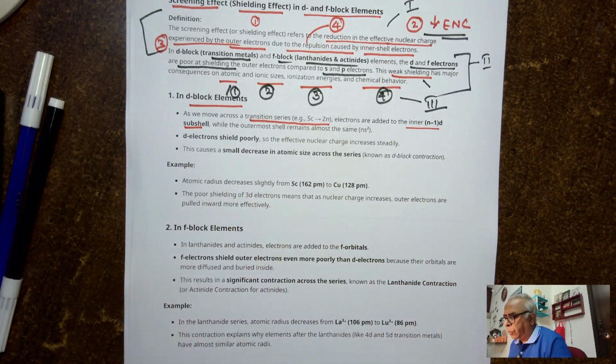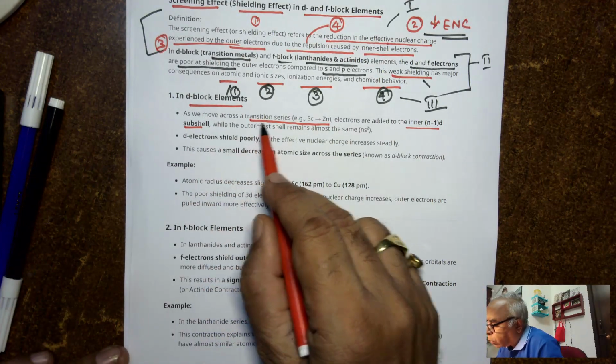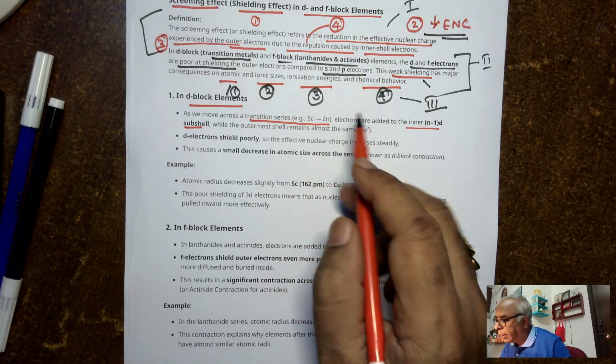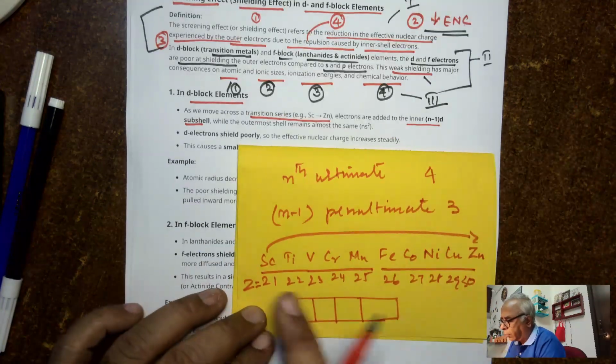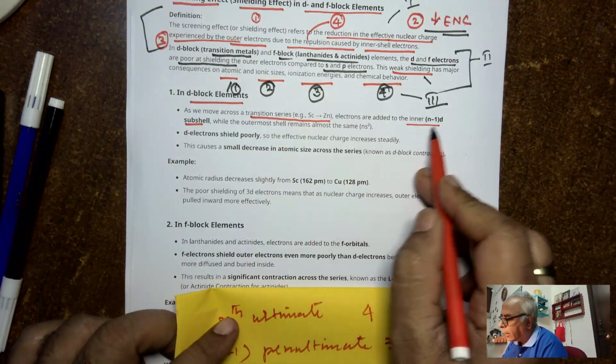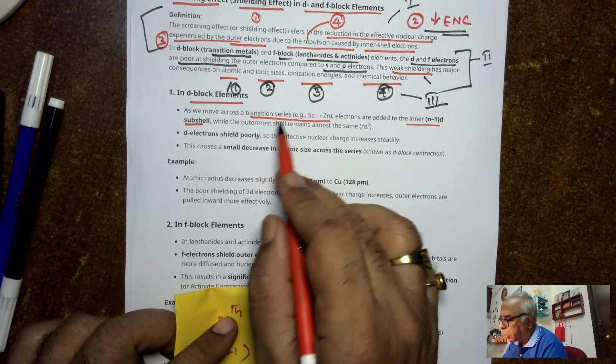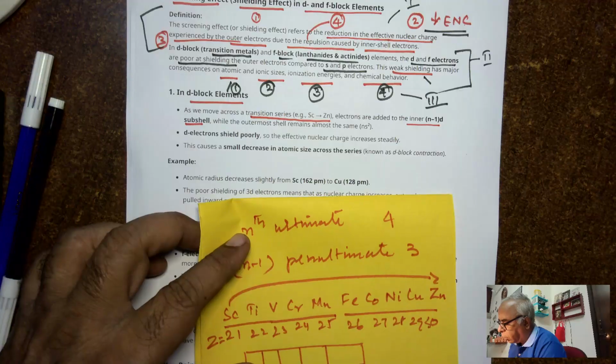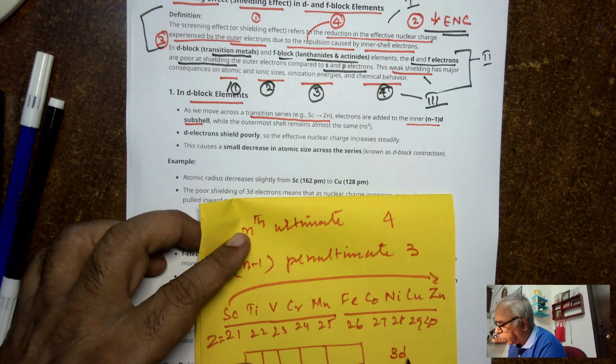Now let us see. As we move across the transition series from scandium to zinc, electrons are added in the n minus 1 d subshell. It means, for example, it is added in the 3D level because 4s2 is here. So this is nth level and this is n minus 1th orbital.